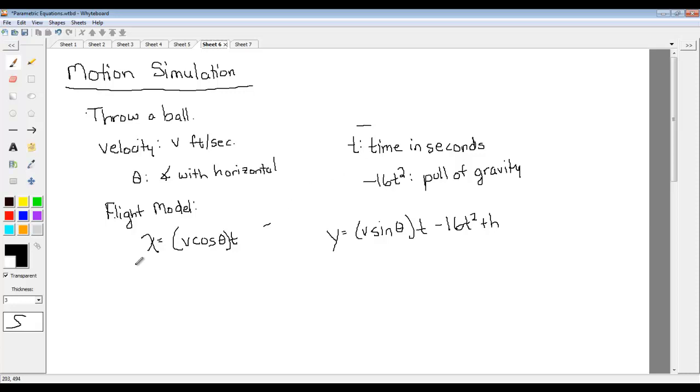But x is going to give the horizontal position. Y is going to give the vertical position of the ball. And each one's going to be in relation to time t. And we're ignoring air resistance. If you have air resistance, that's another variable you've got to put in there, but we're going to ignore it for now.